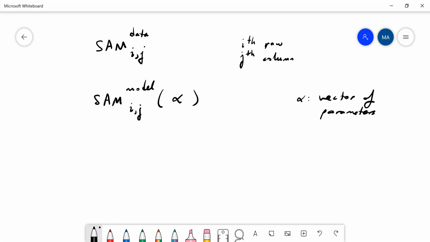You know, for instance, consumption will be a function of prices, right? For instance, you know, the use of a factor will be a function of prices and output, or something like that, right? So you know these solutions. So then your theoretical SAM will be a function of parameters.